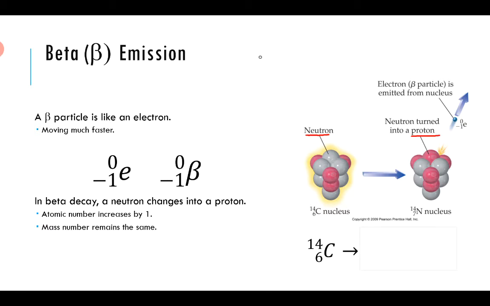And so let's write a nuclear equation for that process. We have our neutron, and that's going to convert into a proton. We know that our mass numbers are conserved. And so we emit a particle with no mass, and our atomic number has to be -1.